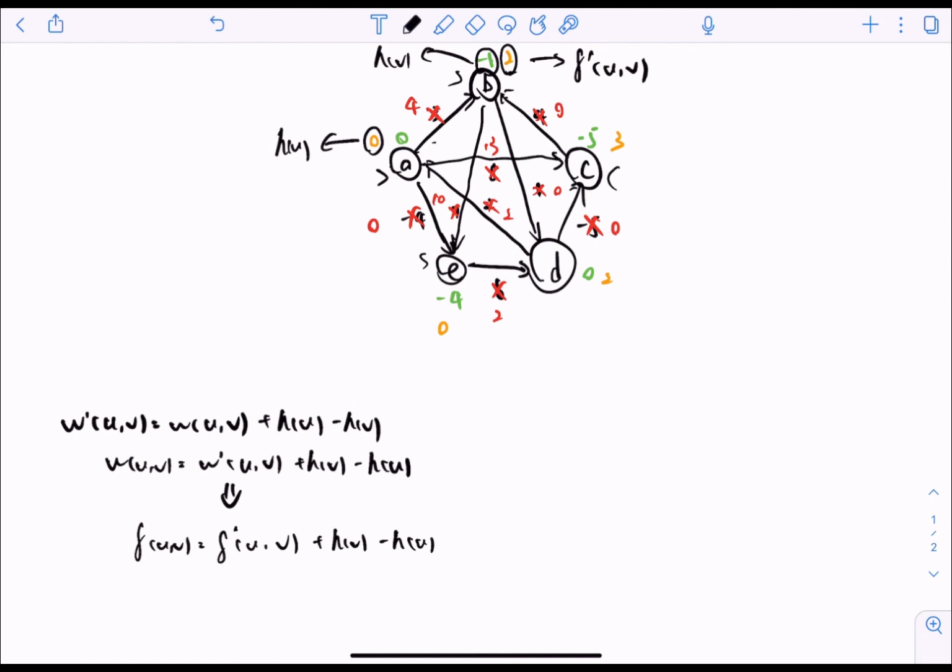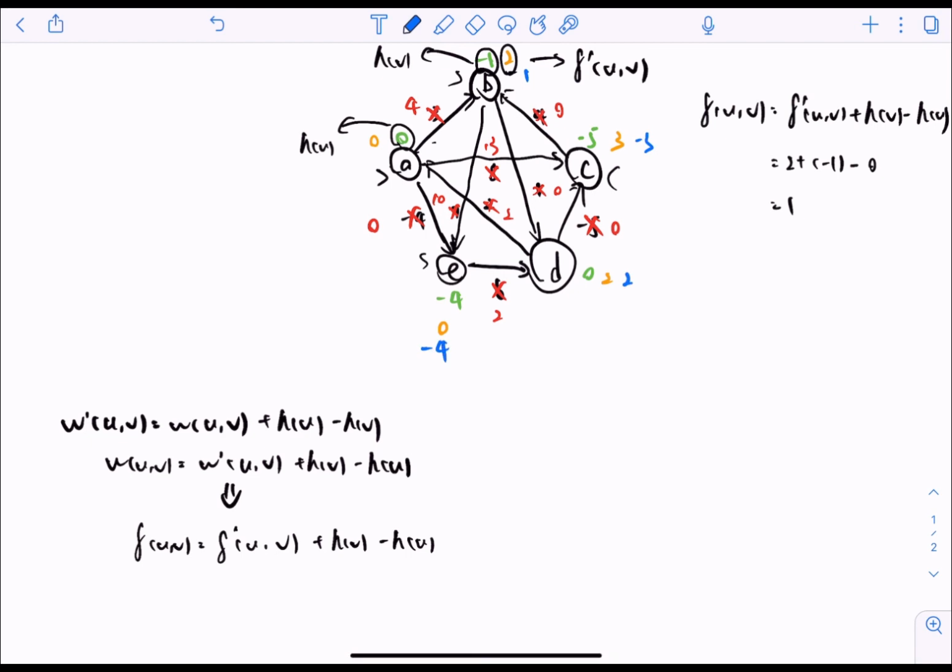We can get the value of the path from A to B is 1. Other paths are also easy to compute. According to this, we can transform all the results to what we want and return.